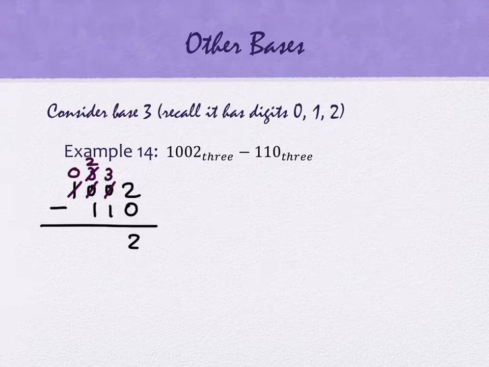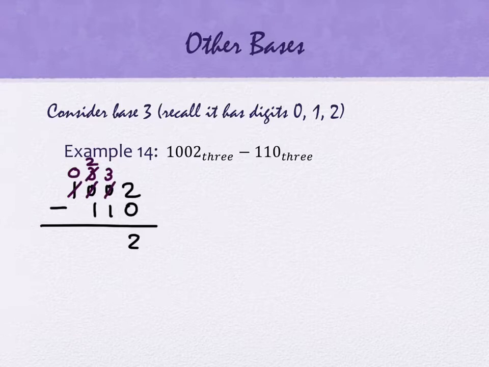What do you do in our system? You borrow 10. Every time you borrow 10. Why? Because you're in base 10, right? Because the long, the flat, everything was actually a 10 by 10. These, they're a 3 by 3, or they're 3 long or whatever.